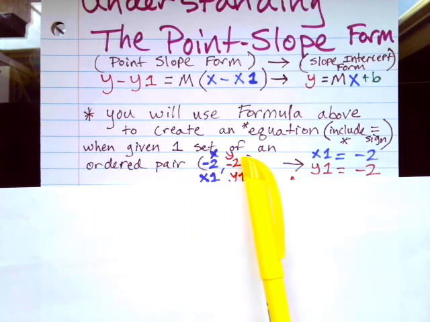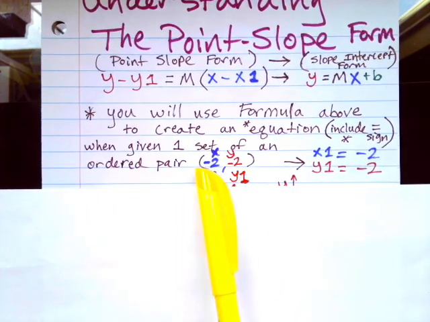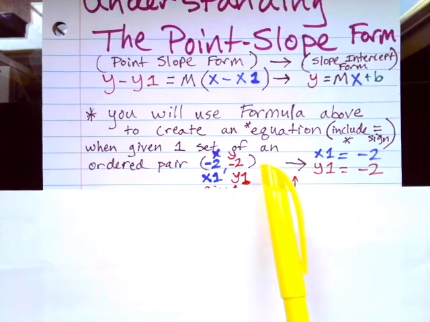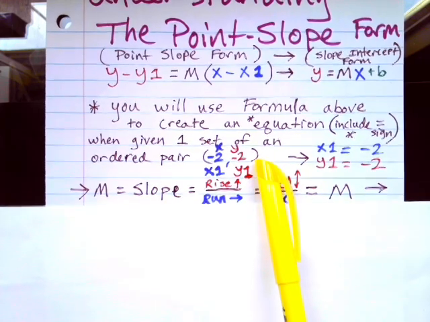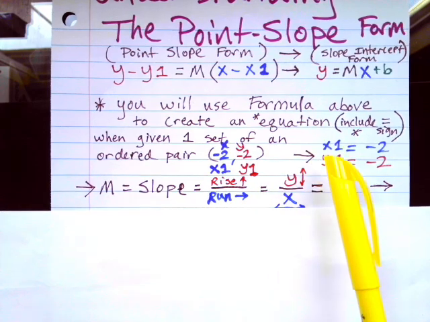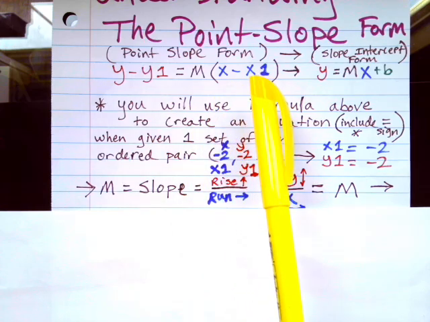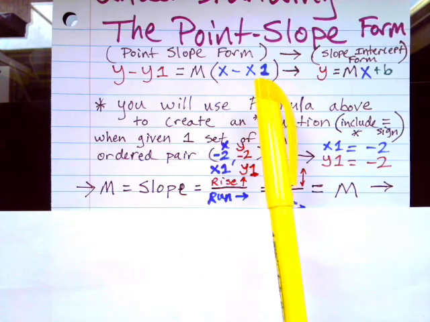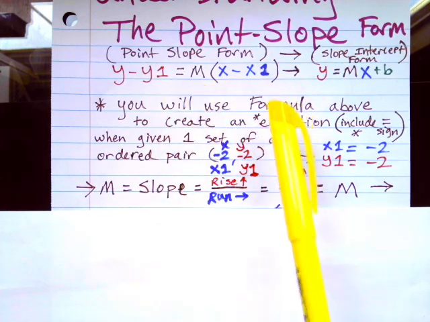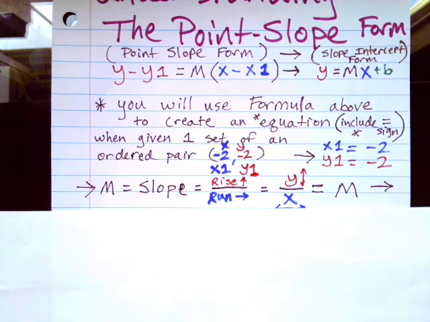When given one ordered pair, like x, y, where x is -2 and y is 2 in this example, you can substitute into the point slope form, x1, y1, and then simplify to create the slope-intercept form.